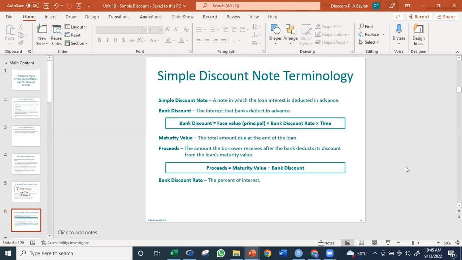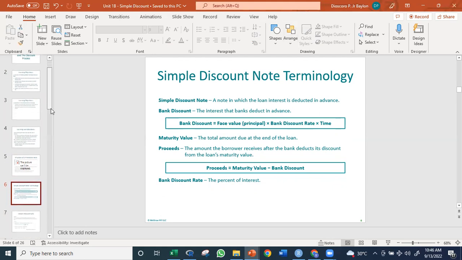That's what we call discounting. So if you borrow 10,000, you might be getting 9,800. Why? Because you deduct from the principal, or from the face value, the discount. So that's what you call the bank discount. So if I'm borrowing 10,000, I won't be getting 10,000. I'll be getting, let's say, 9,800. And then at the end of the term, let's say 6 months, I will have to pay the 10,000. So let's stop there for a while.